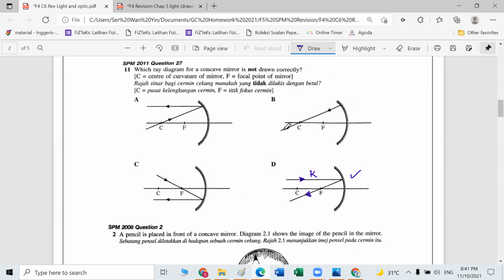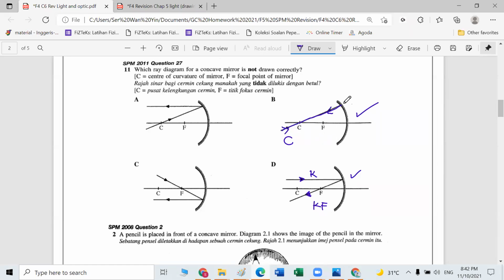Then when the light passes through the center, when it hits the mirror, it will reflect back the same way. So this is correct. Okay, this is KF, this is C. KF, parallel to the principal axis, then directly bend to the focus.